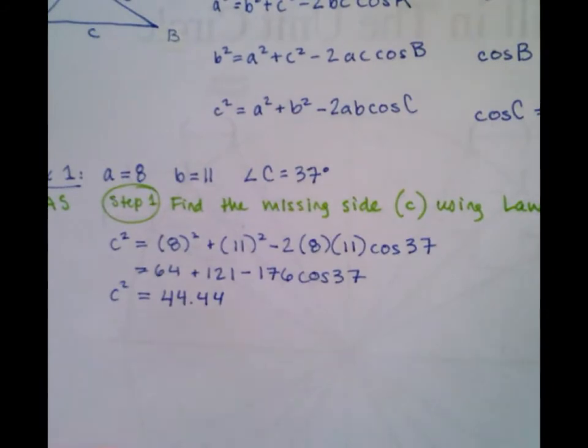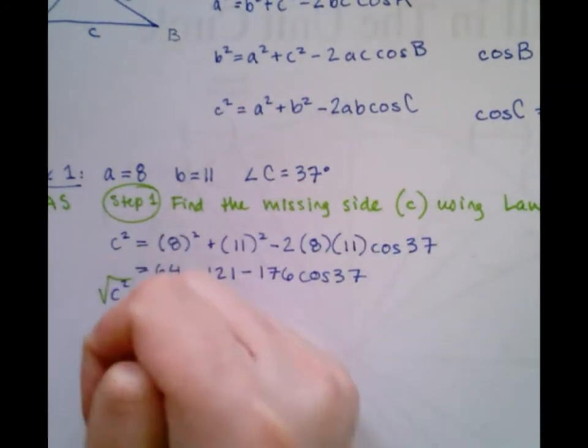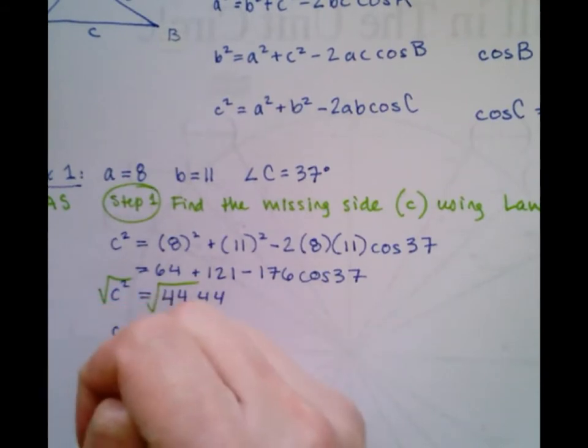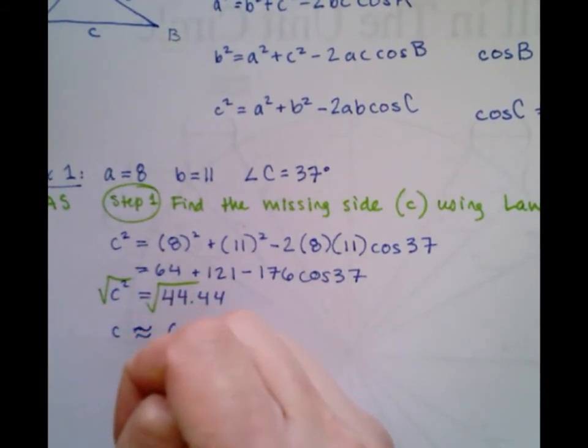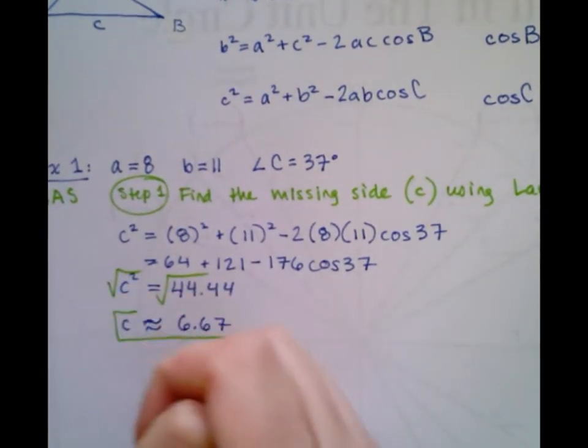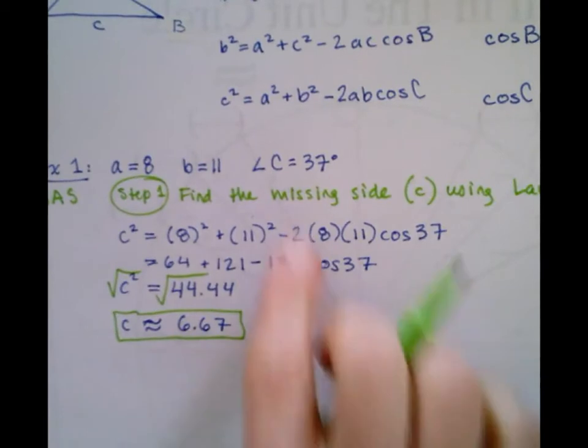At that point, I would still need to square root my answer, and when I square root that in the calculator, I get c is approximately equal to 6.67. So we've found our c value, but we're not done, because we still need to find the other two angles.